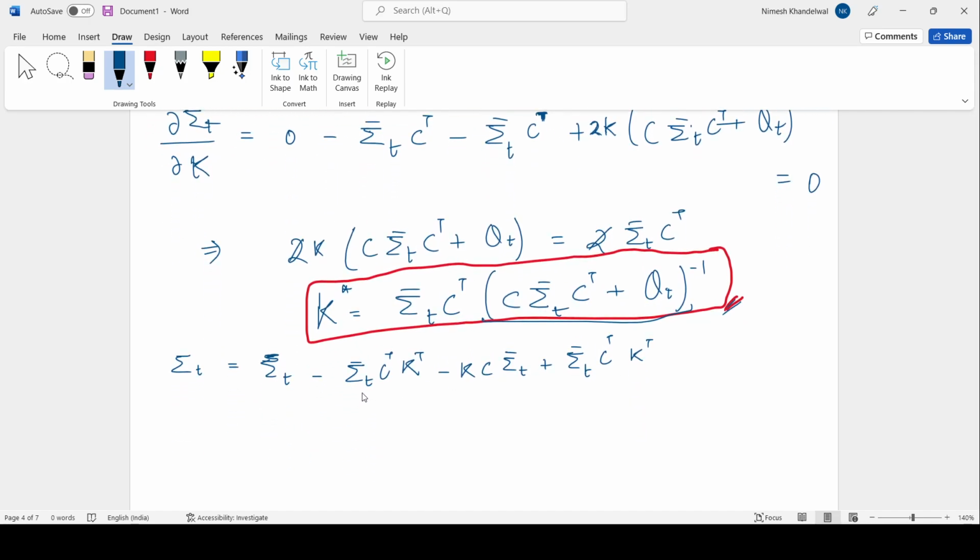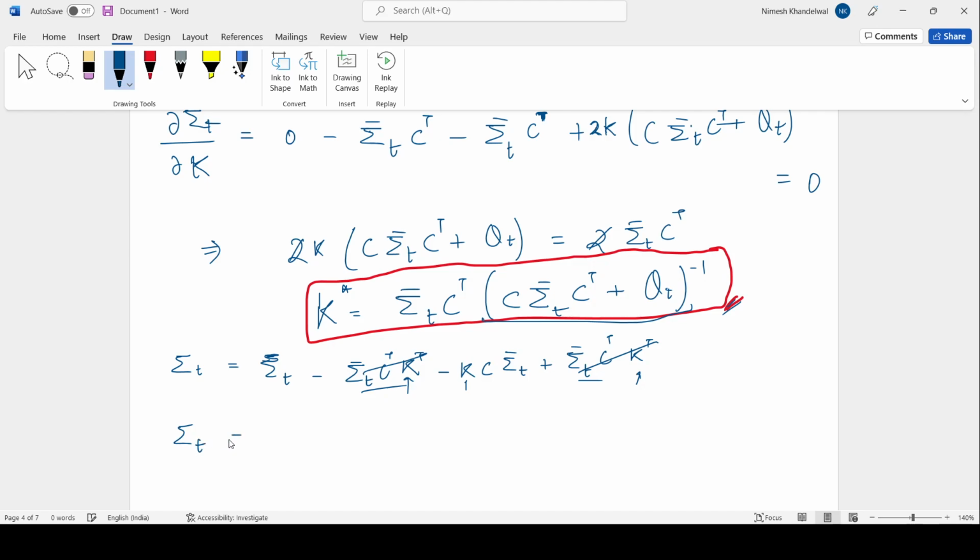And this and this are the same but with opposite signs, so these also cancel out. Now it is a smaller equation and easier to see.